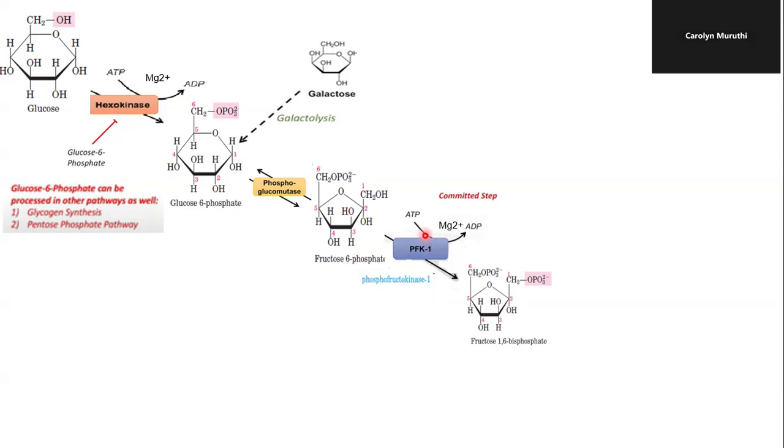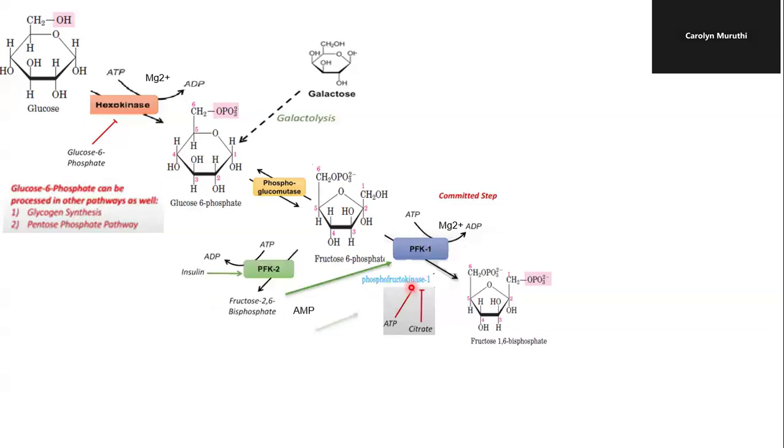Now, this is the rate limiting step or the committed step of glycolysis. Phosphofructokinase 1 is subject to inhibition. High levels of ATP will tend to inhibit the activities of phosphofructokinase 1, and also a high concentration of citrate will also inhibit it.